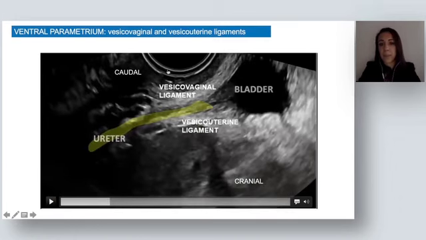This is my transvaginal probe. This is the vagina. This is the bladder. And this is the terminal part of the ureter. So this hyperechoic tissue corresponds to the vesicovaginal ligament caudally and the vesico-uterine ligament cranially.